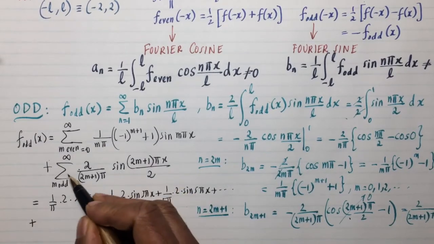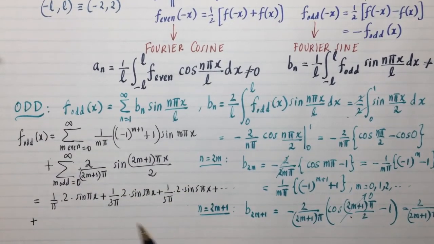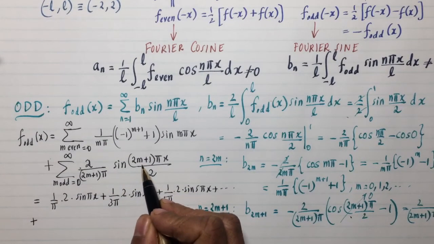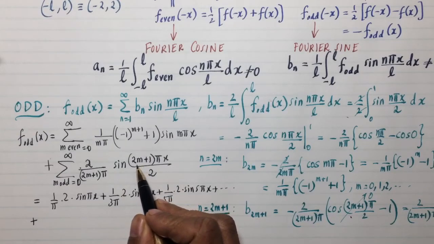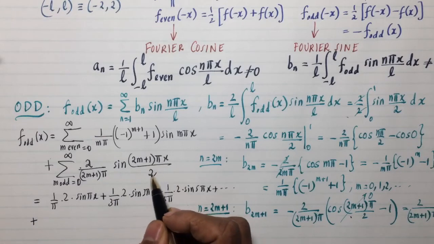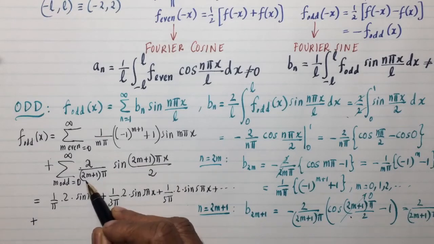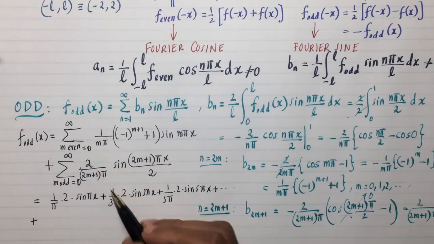What about the odd sum? From the odd sums, I notice that when m equals 0, I'll get sine of pi x over 2, and this gives me again 2 over pi.